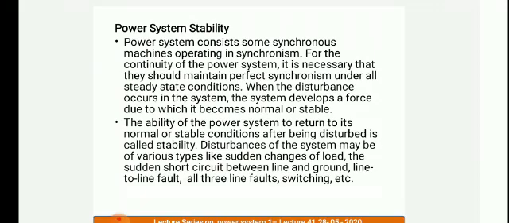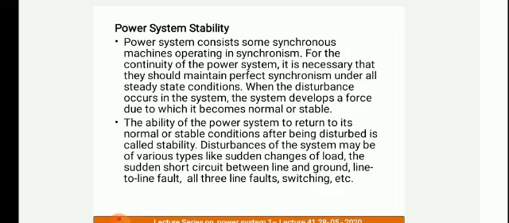So when the system assumes the normal position after the clearing of the fault, it is to be taken into consideration that the system regains its stability.